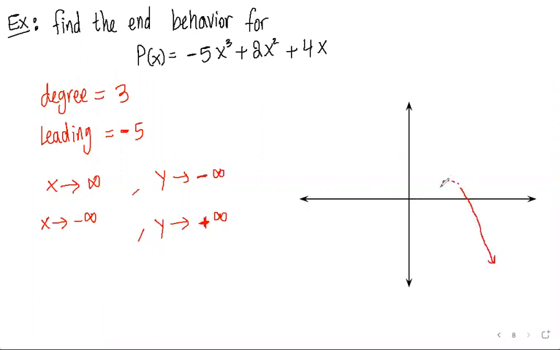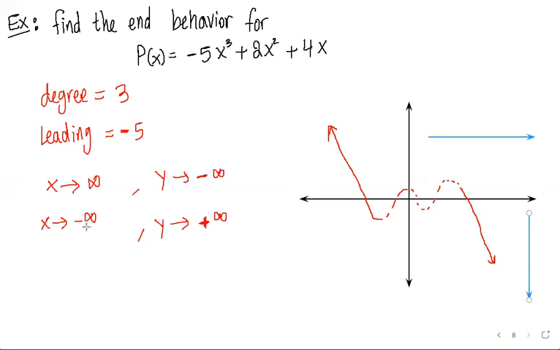Something like a graph like that, and then it goes up. So look, when the value for x becomes so large, the y value becomes minus infinity, so it goes down.